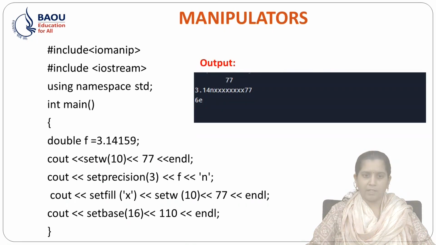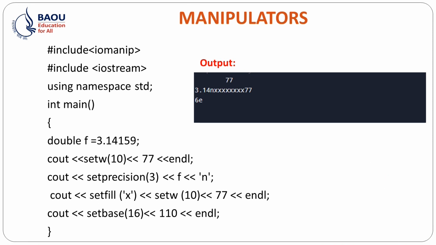So, in the first expression, cout setw 10, here first of all 10 spaces are given and after that 77 will be displayed. In setprecision 3, over here, the value of f, 3.14, will be shown to the user, and after that 77 will be shown.